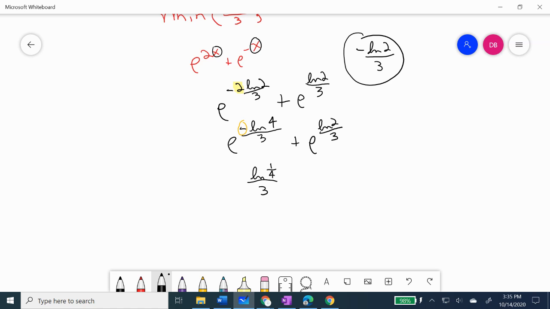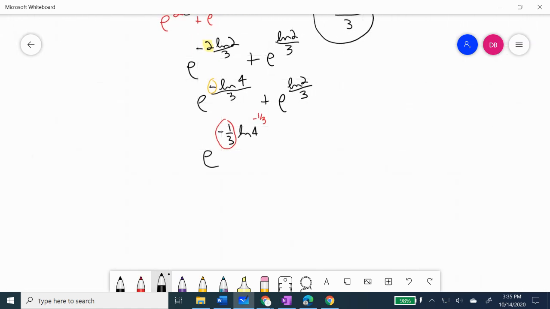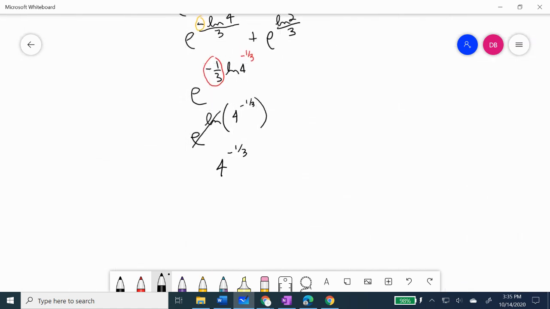So this was an exponent of negative 1/3 natural log 4 with e as the base. The log rule says that this becomes an exponent on the 4. Once that happens, you have e to the power of natural log of 4 to the negative 1/3 power. These cancel, and you end up with 4 to the negative 1/3 power, which is really the cube root of 4 in a denominator.